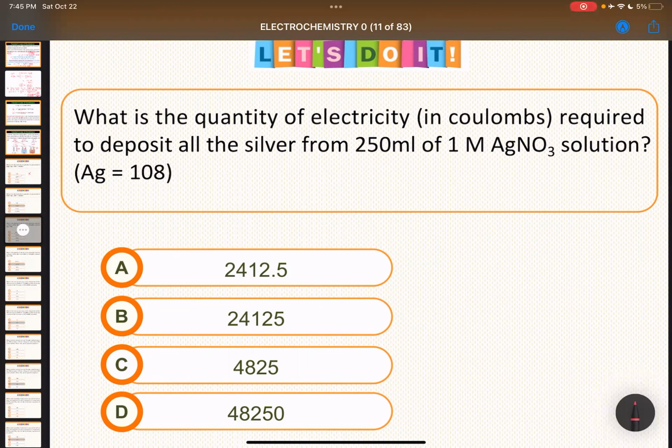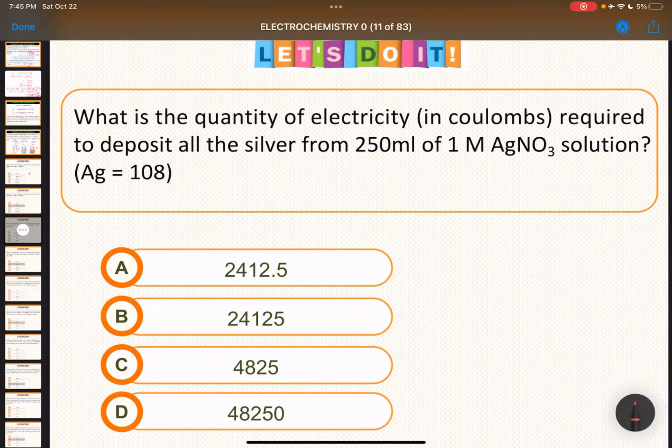If I ask you to take all the silver out of that solution, that silver is in soluble form, dissolved. How are you going to take it out? You are going to do the electrolysis. With electrolysis, the silver is going to get reduced and deposited.